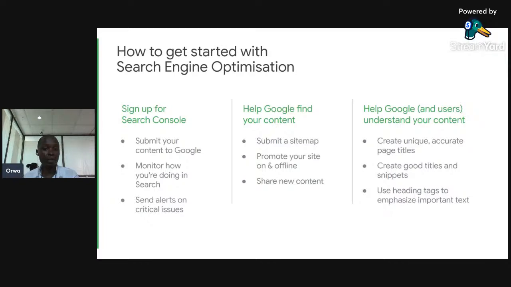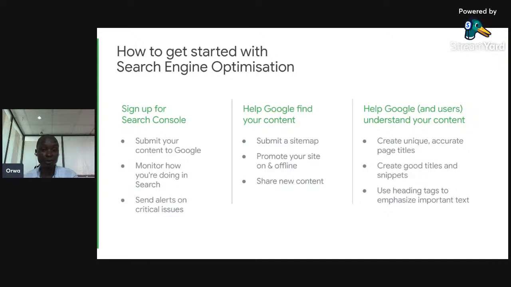So when you submit a sitemap to Google, Google will understand the structure of your website. And once that is done, it makes it easier for people searching for content that could be found on your website. Then the search engine is able to pick your website and list it as one of the sources for content related to the search query that the client is making.